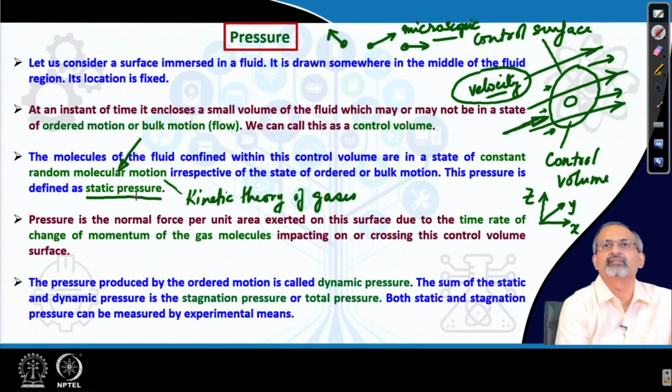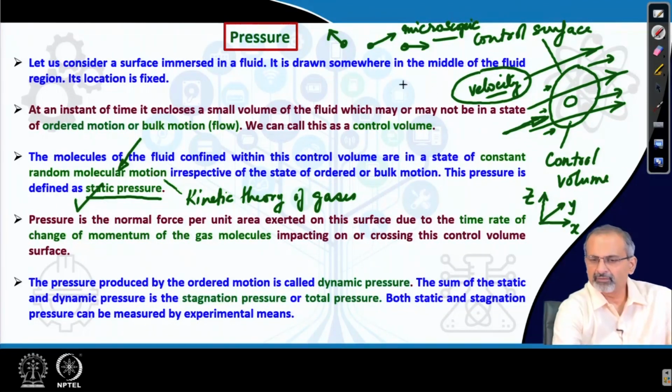That pressure is called the static pressure. So, pressure is the normal force per unit area exerted on this control volume surface due to the time rate of change of momentum of the gas molecules when they impact this control surface or when they are crossing this control surface as they go beyond the control volume. So, this is only one type of pressure that we come across in aerodynamics.